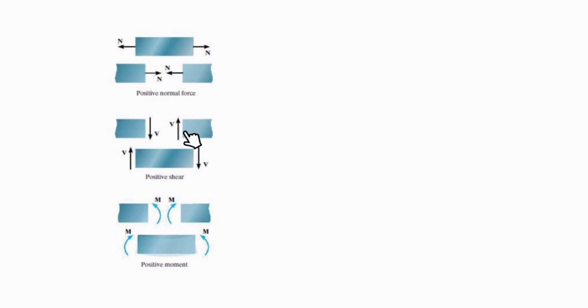The same story here, this is positive. When we are on the left side, this should go up. When we are on the right side, this should go down. These are positive. And the moment is like this.